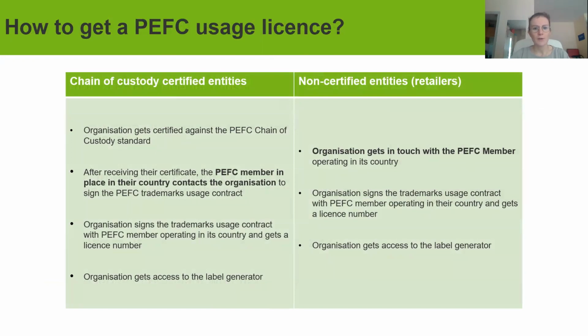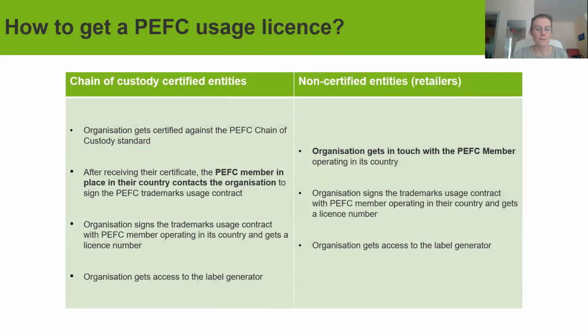Now, how to get a PFC usage license. Today we are interested in two cases. The first one is for chain of custody certified entities, such as furniture manufacturers and wood traders, and the other one is for non-certified entities, such as retailers.